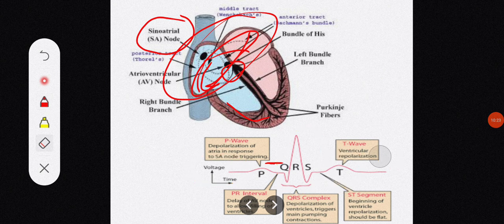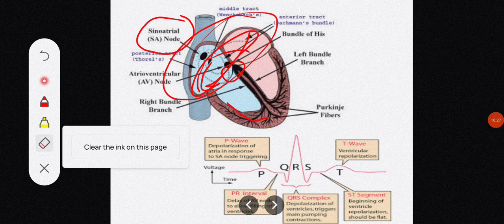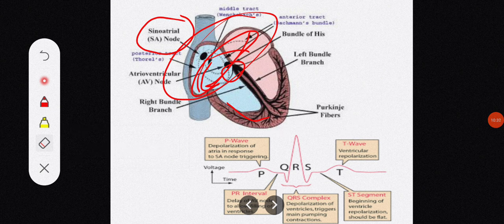So this is the electrocardiogram. It is the graphical representation of the action potential of the heart muscles.